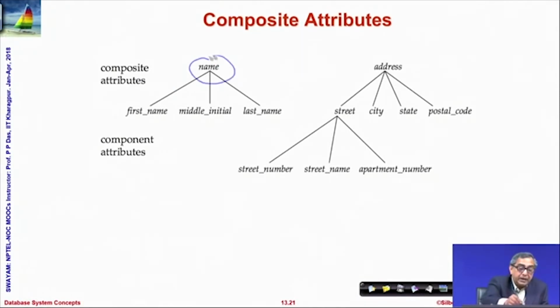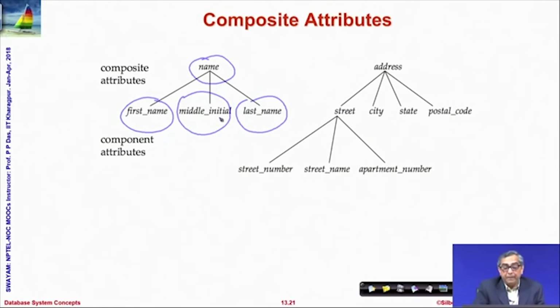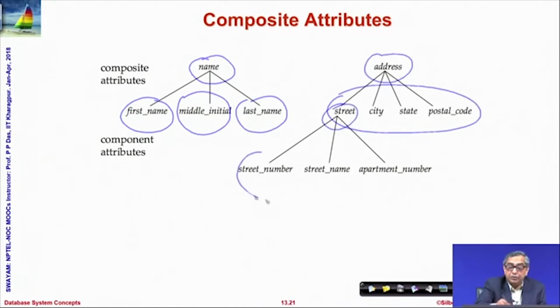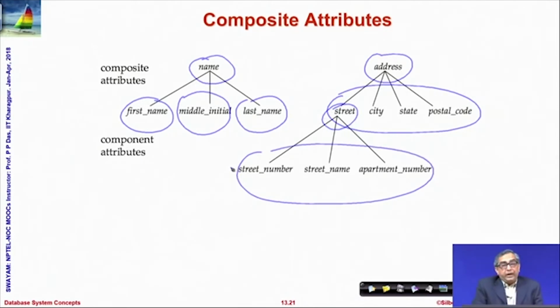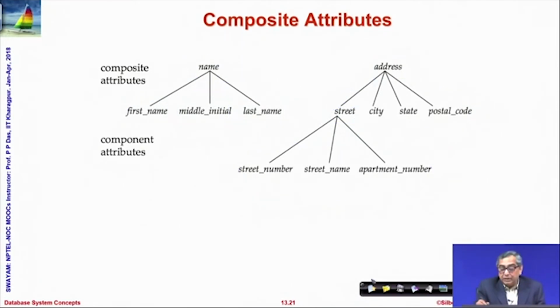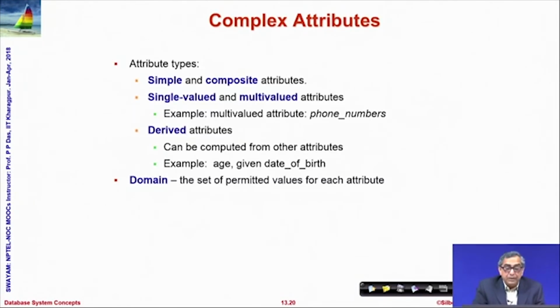Name is an attribute, and it has different parts: a first name, middle name, last name. If I think of address, it has so many different parts, and then street itself has so many different parts. So, whenever an attribute comprises more components, when it is not a simple value, it is called a composite attribute. We will see how to handle it.